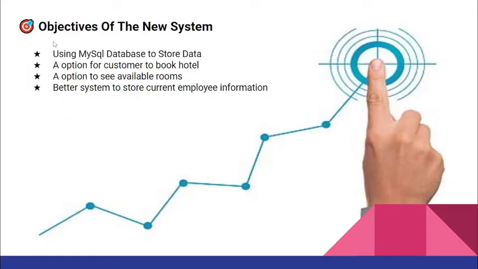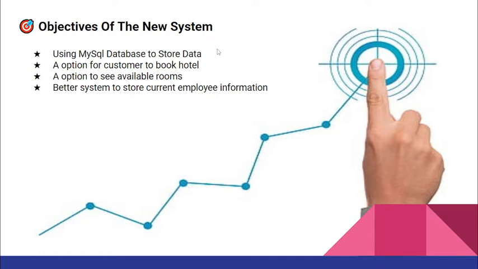What are the objectives of the new system? We have seen earlier the hotel used a ledger. That ledger became so big and it is hard to control information from it.